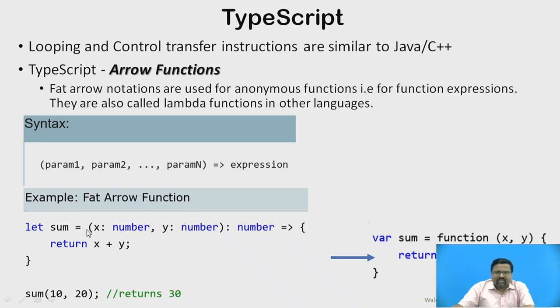So this is a fat arrow, anonymous function, and you are assigning that function to the variable sum. So sum will represent this function. Whenever I want to call this function, how will I call? I will directly say sum(10, 20). This is a little bit confusing at this point of time, but don't worry, it will become very useful and clear when you use it. So don't worry for now.